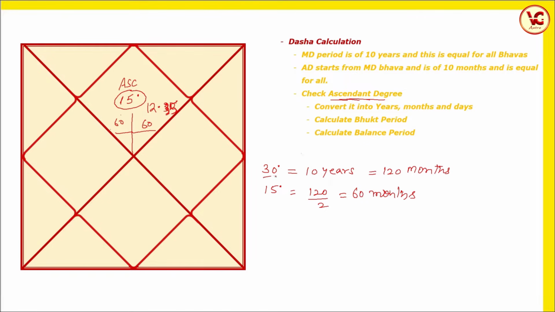We have considered 30 degree is equal to 120 months. Similarly, 1 degree will be 4 months. 4 months means 120 days. This is for the degree part, and this is for the minute part.